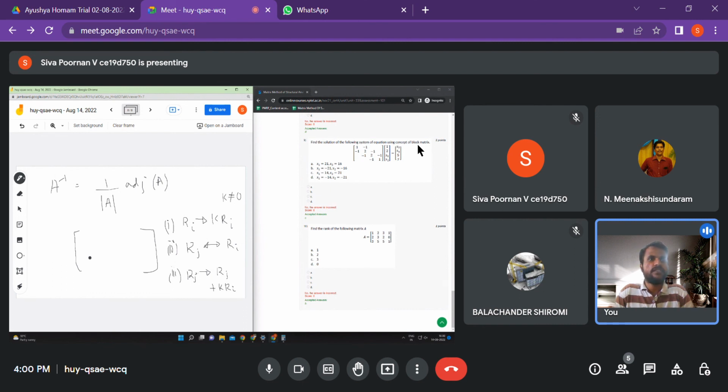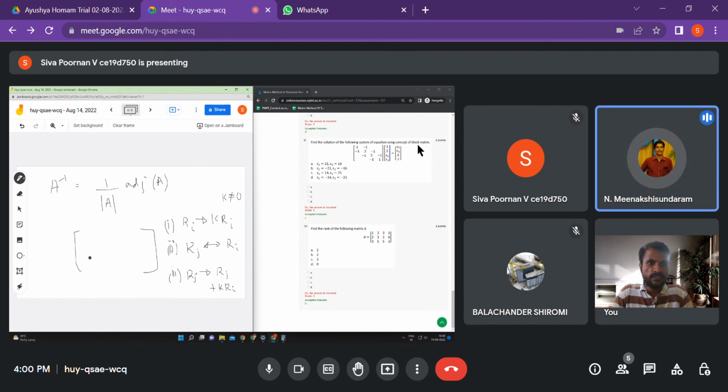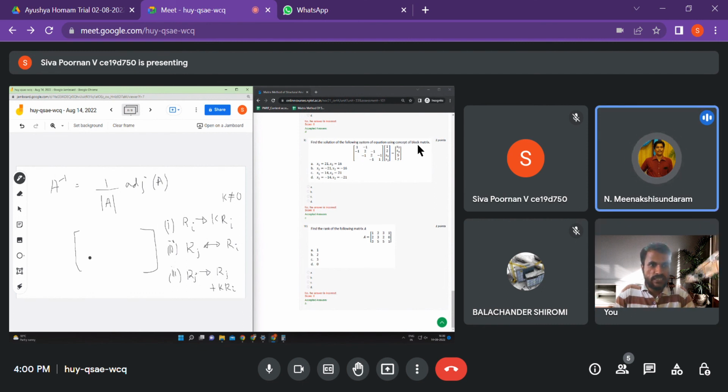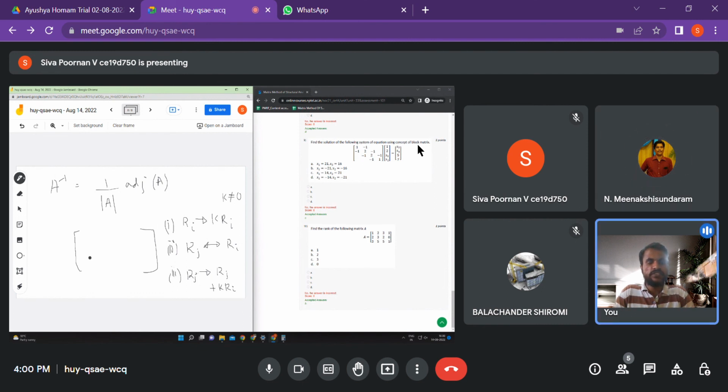But more generically, if the determinant is not equal to 0, we know the rank equals the size of the matrix. But if it becomes 0, we don't have any clue. We just know it is lesser than the size of the matrix, but we wouldn't know how much lesser.